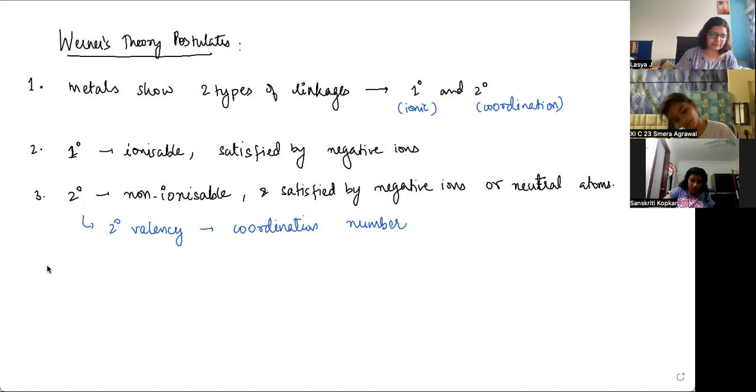Next, last point, the ions or groups bound by the secondary linkages or secondary valency.